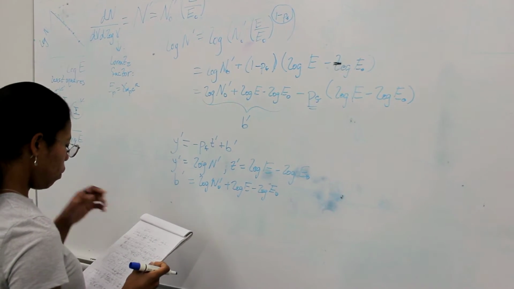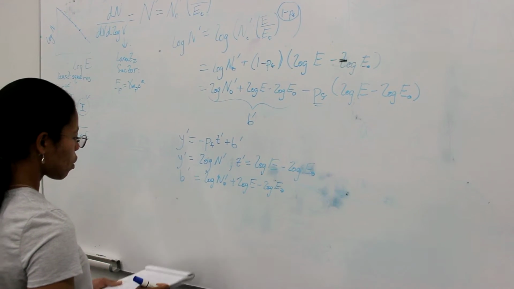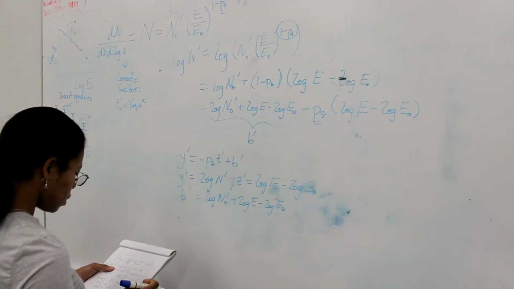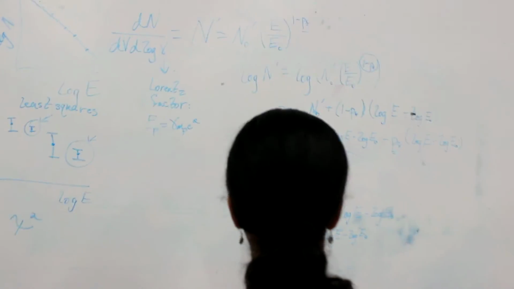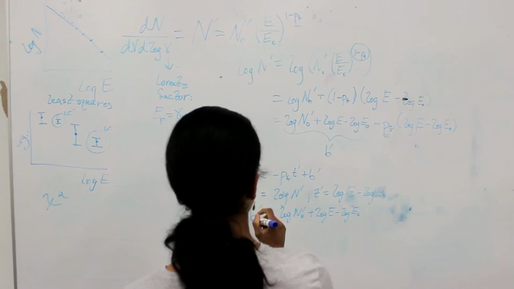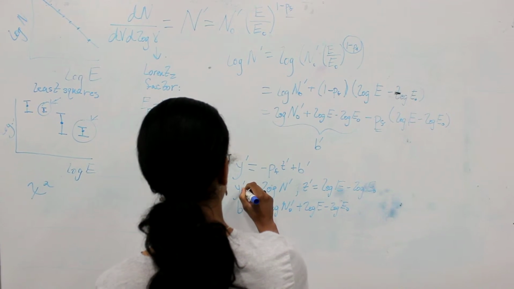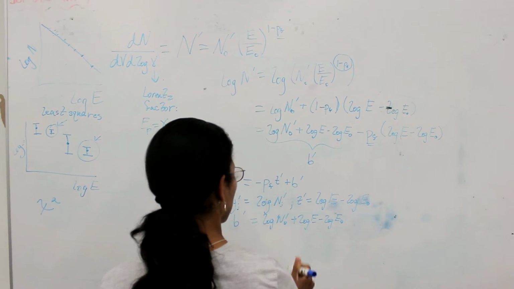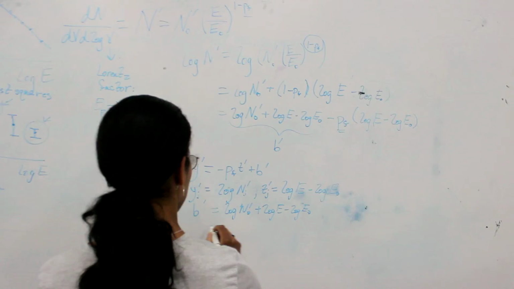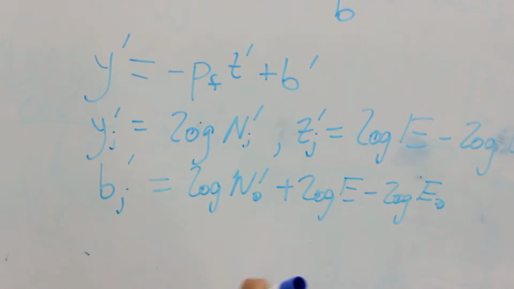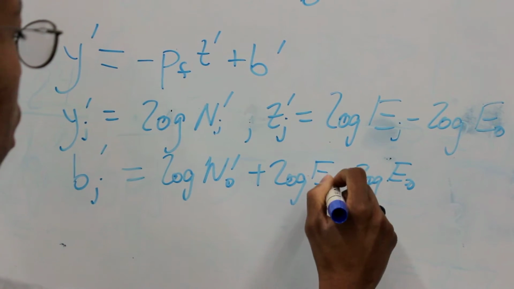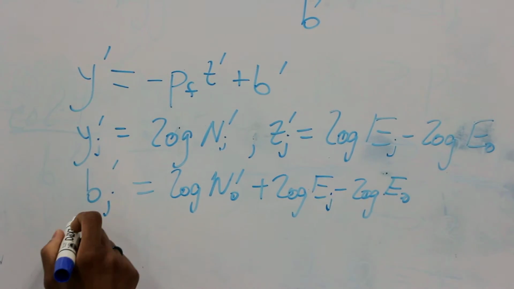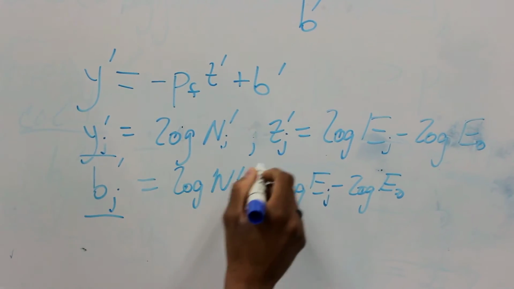With least squares you've got multiple points, so you'll actually have multiple versions of this. I'm going to label them with J, and even the b, because you have E sub J, so all of these things will change for every point.